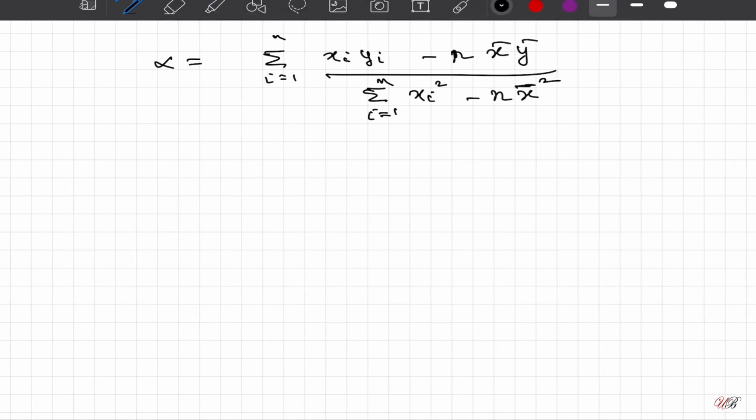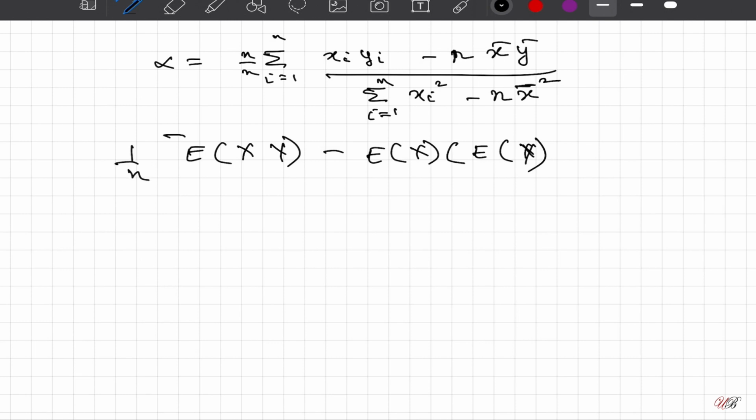And one interesting thing that you note here, if you recall from our time series discussions, is that if we divide this by n and multiply this by n, the term in the numerator resembles expectation of xy, which is the mean of x times y, minus expectation of x times expectation of y.